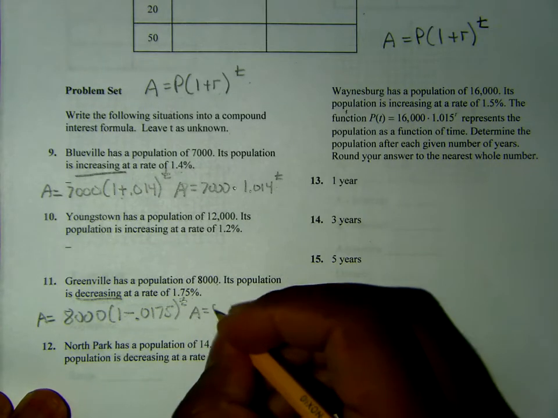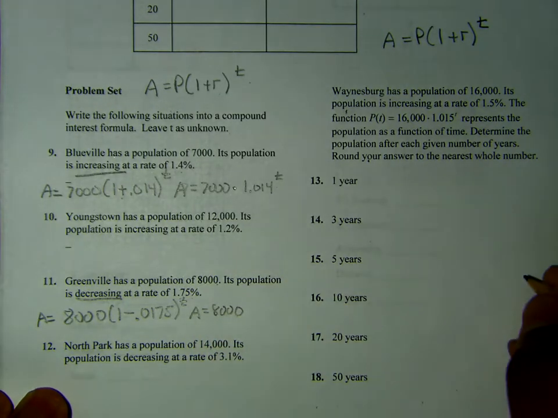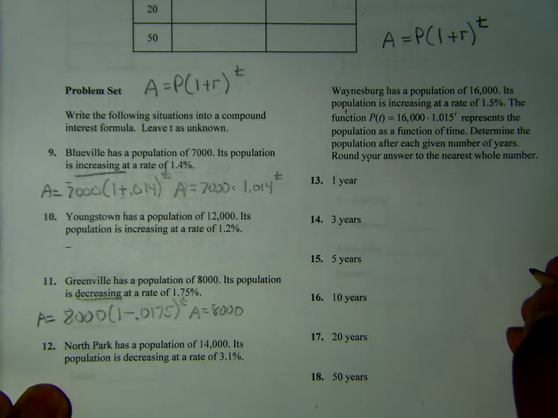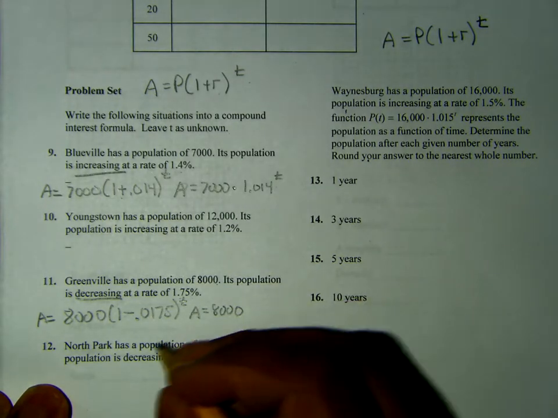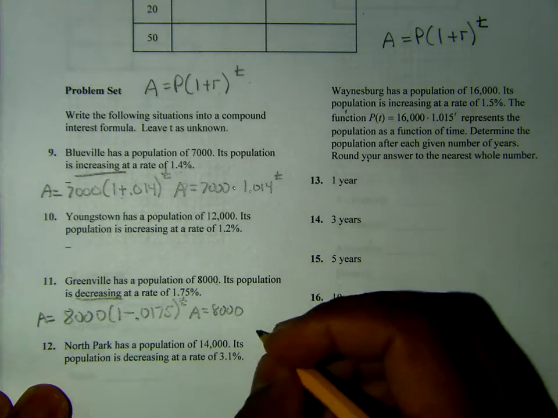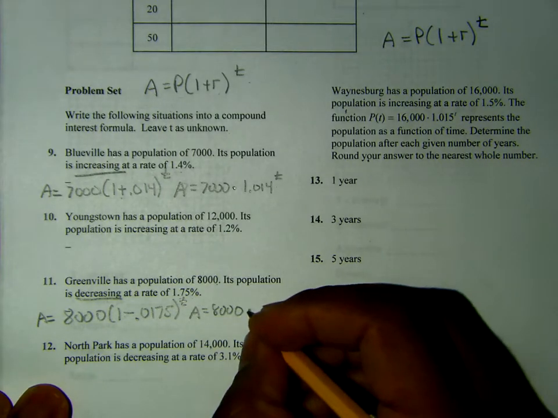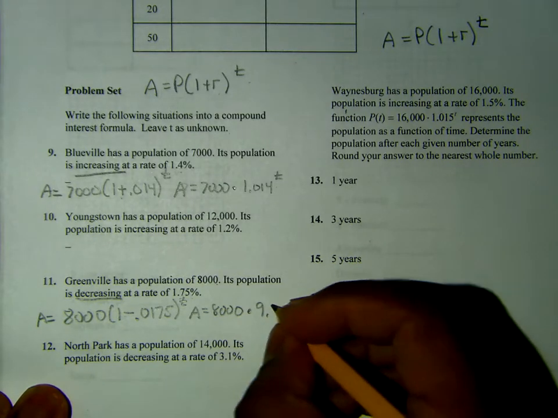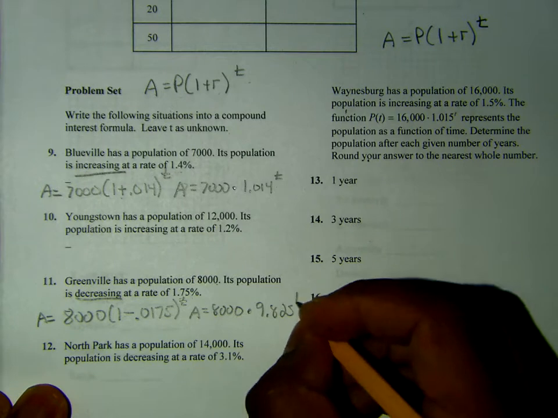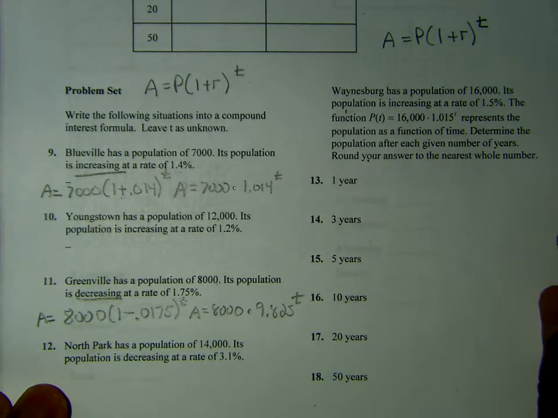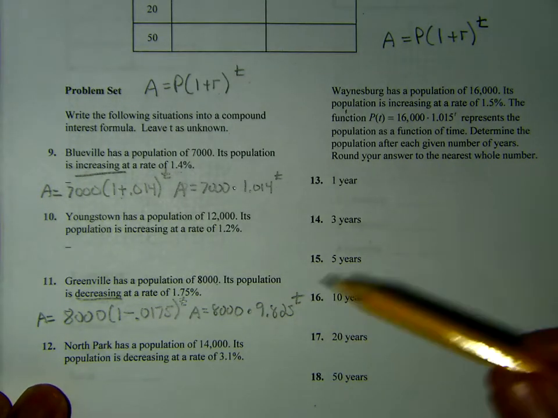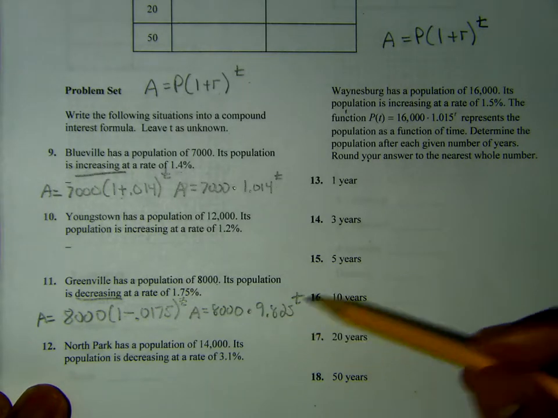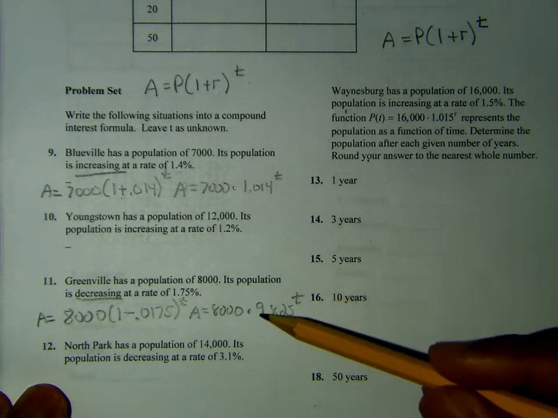So you'll get A is equal to 8,000, and when we do 1 minus 0.0175, we end up times 0.9825 to the t. It's now positive, but as we plug in these different numbers, it's going to decrease.